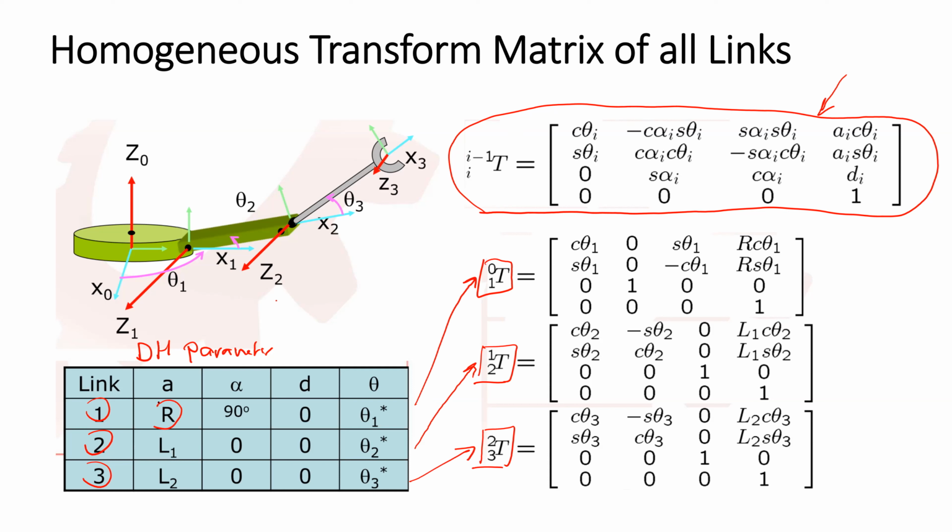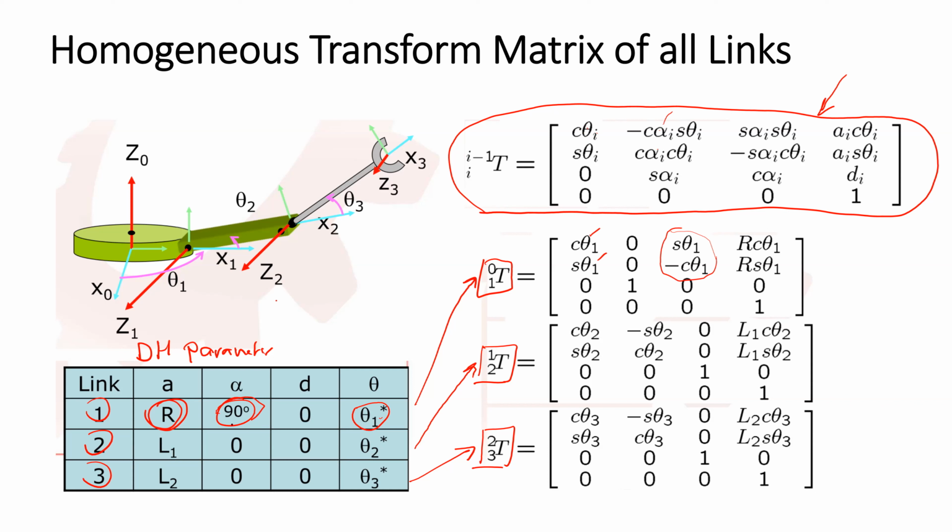So yes, the link length, the link twist, and the joint angle. The first component is theta, right? So the theta is theta 1. How about here? Cosine alpha.